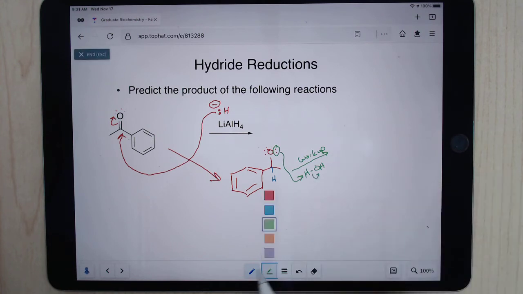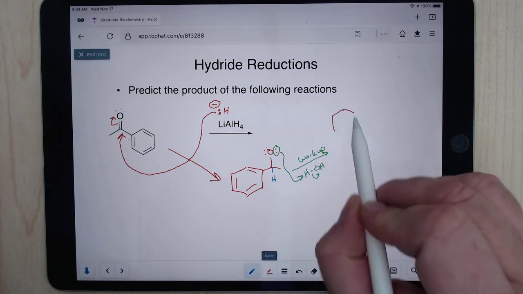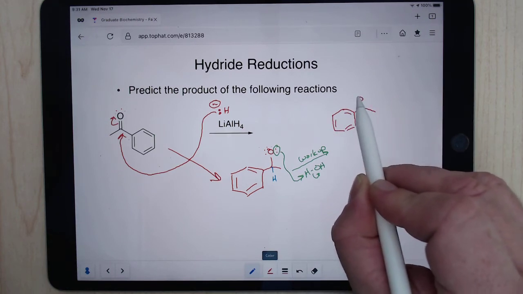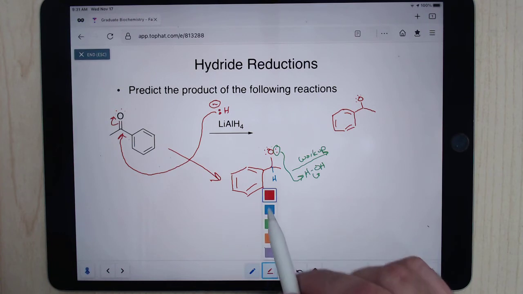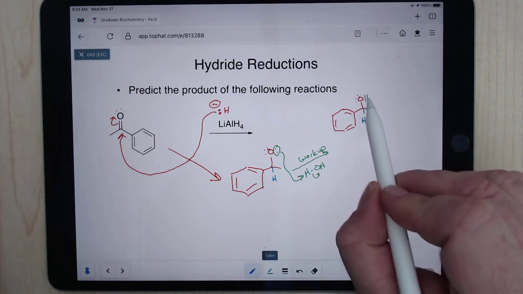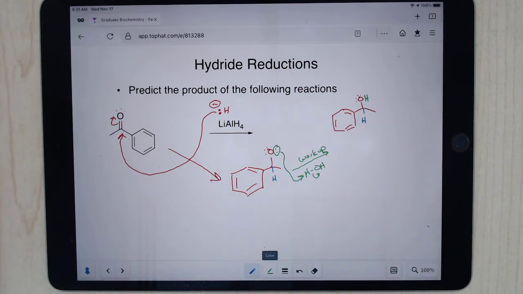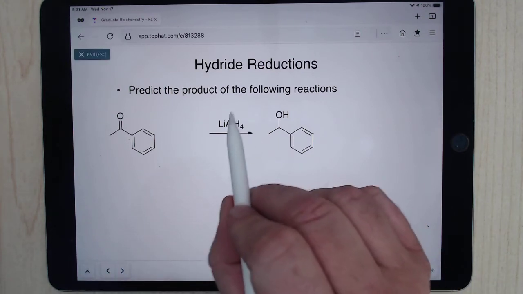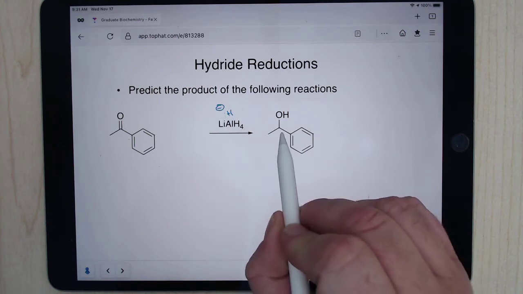And so you're going to end up with this. So this H here ended up right there.